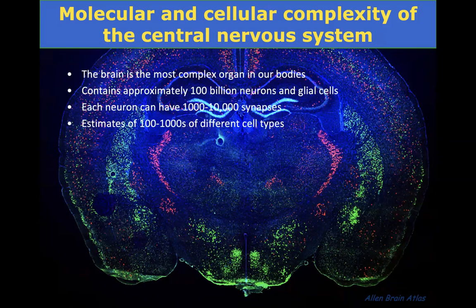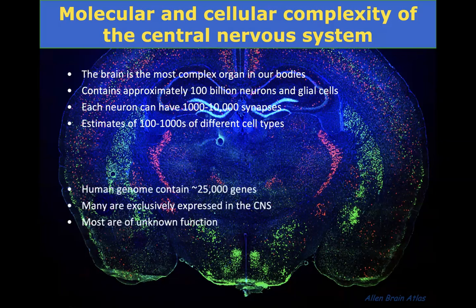And this is how our brain cells communicate. And there are estimates of hundreds to thousands of different cell types. So at the time, with the emerging genomic era, the internet, the tools that were available, I was really inspired by trying to understand, taking a molecular approach to understanding brain development and function.